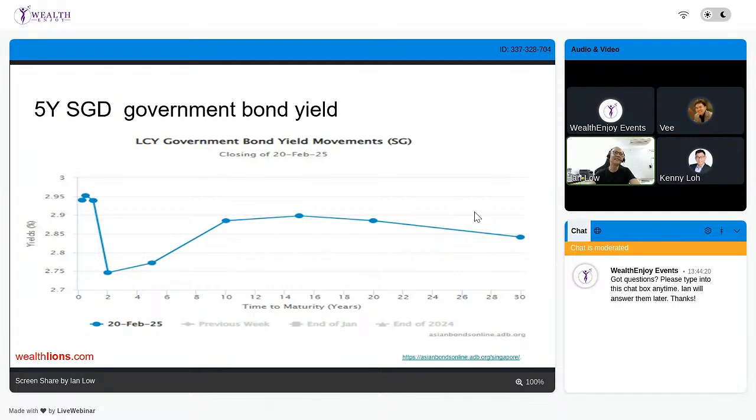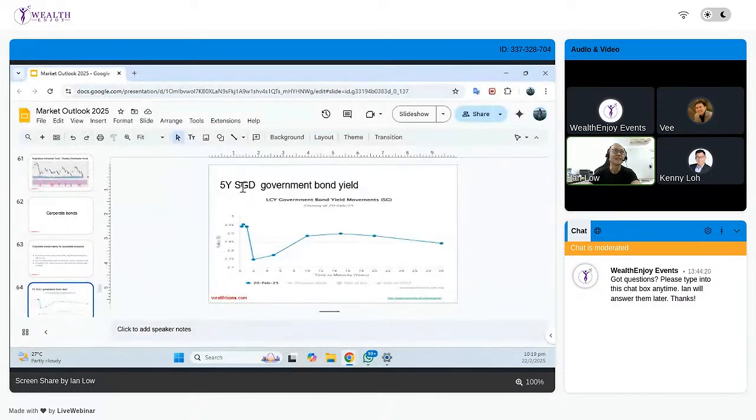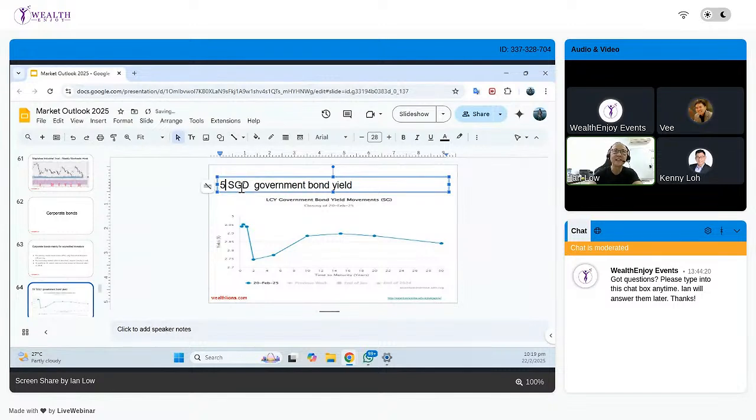Now, familiar chart again. This is the 5-year SGD government bond yield. Okay, it's not 5 years, I will amend.